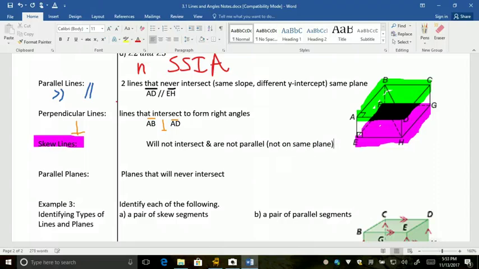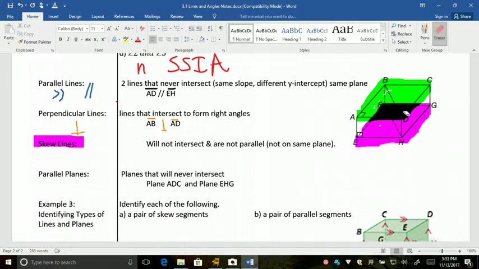Because if they're on the same plane, they either intersect or they're parallel. An example of parallel planes would be plane ADC and plane EHG. You can name it with any three letters that are on that top or bottom plane.